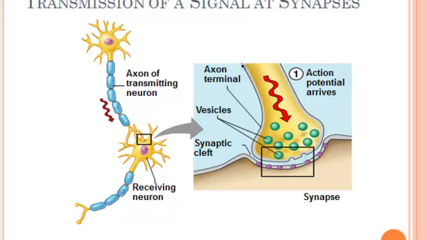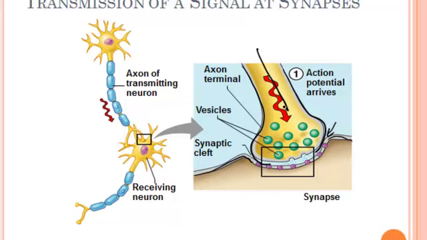And so what this picture is showing here is the end of the axon of the first neuron, and then this is the dendrite, or the cell body of that second nerve. And here is that little space, so they don't actually touch.